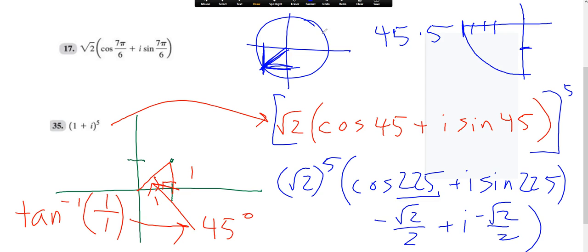And since we're dealing with a 45-degree angle here, it's that second one out of the 4.